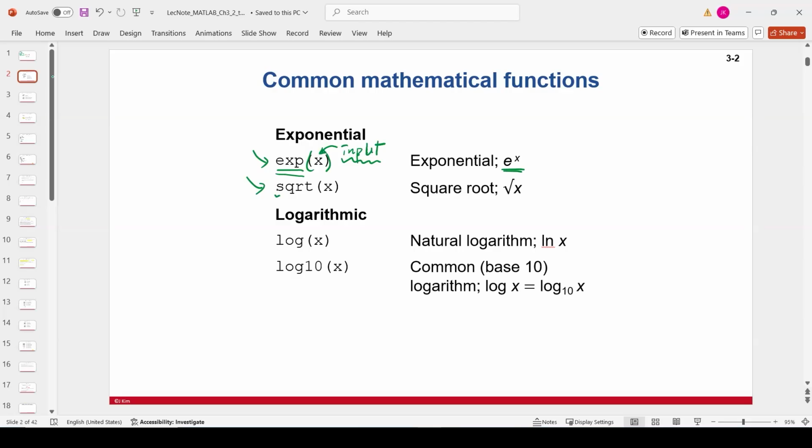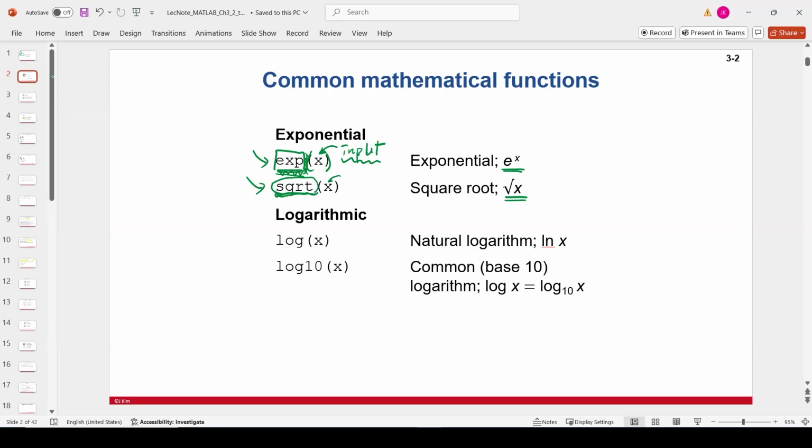And sqrt is the function that finds the square root, right? It is very important that we understand that exp is the function name. It's not just a command, but exp is a function, okay? And sqrt is the name of the function that finds the square root of the input received.